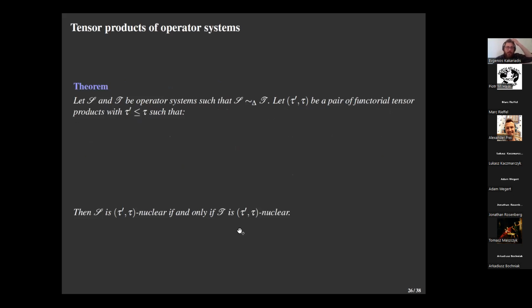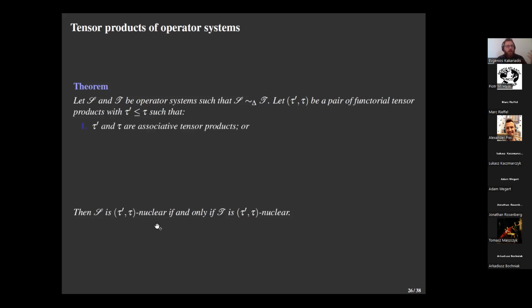So the main theorem is the following. If I have delta equivalent operator systems, and I have a pair of functorial tensor products, so that one is less than the other, so I already have maps going one way, then nuclearity for S with respect to these two tensor products passes to nuclearity of T with respect to these tensor products in the cases that characterize the properties in the previous slides.